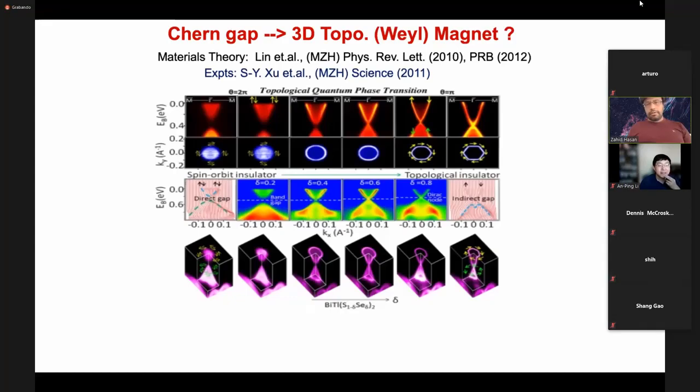This also has ancient roots. We were working on topological insulators, considering how to drive a topological phase transition. At the topological phase transition, you realize a 3D Dirac fermion in the bulk.